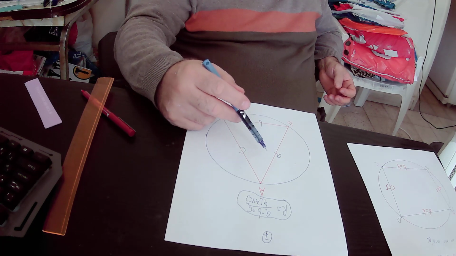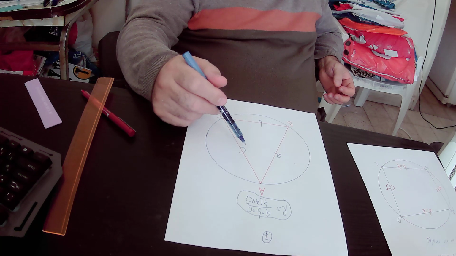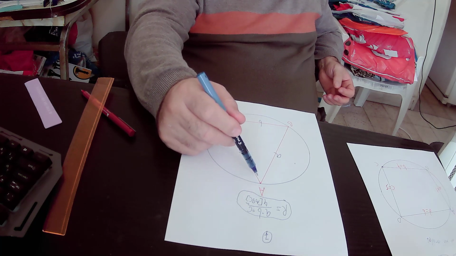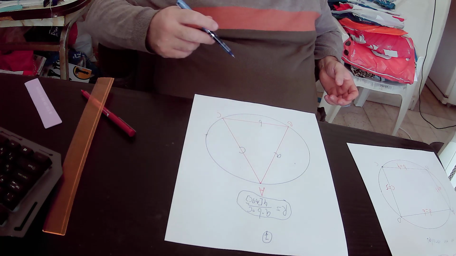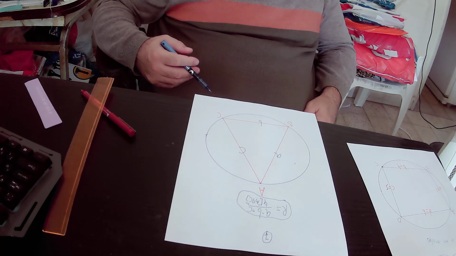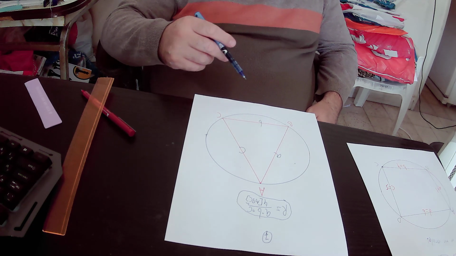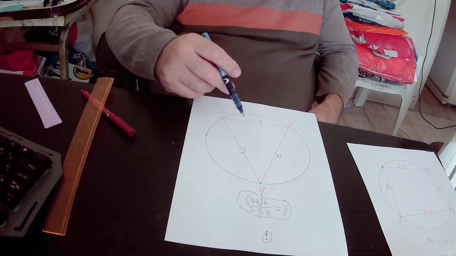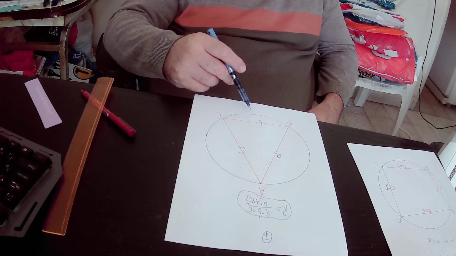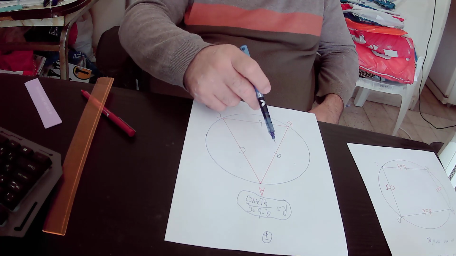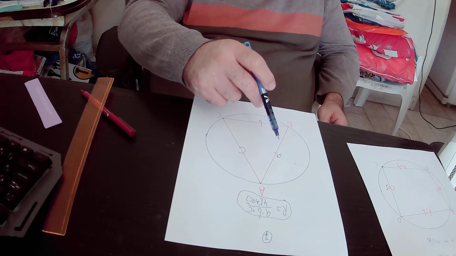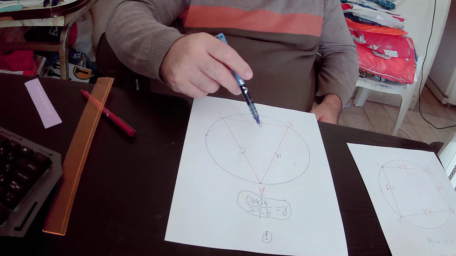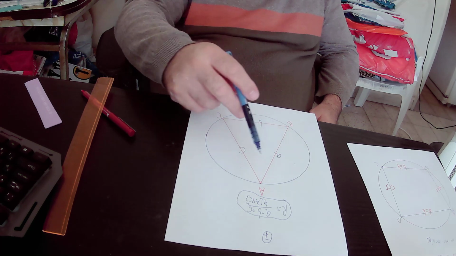The product of triangle ABC sides is A times B times C over 4 times the area of the triangle ABC.